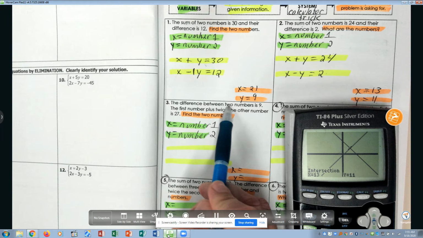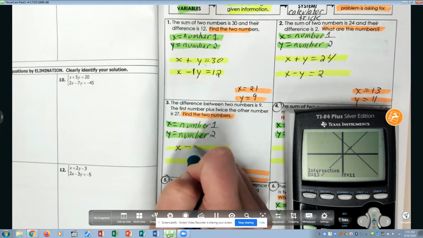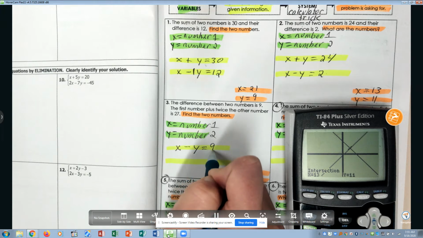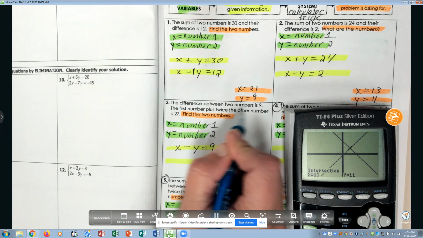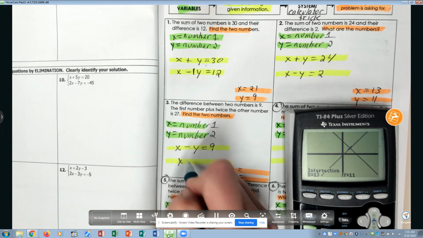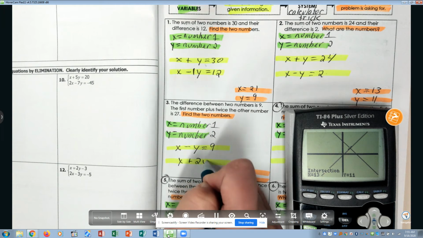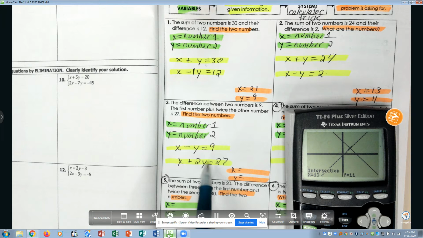The difference between the two numbers is 9. x minus y equals 9. The first number plus twice the other number. So x is my first number plus twice the other number is 27. Okay, so here is my system.